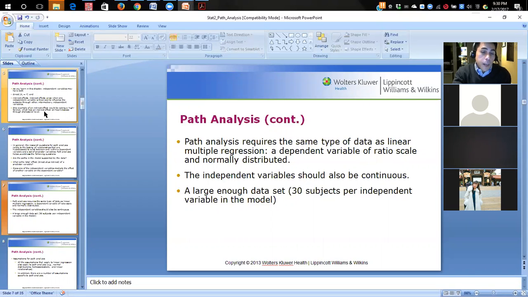It means that you have to know what you are looking for, that you already analyzed the potential relationship of these independent variables, and you already drew the path before you even started collecting the data. And that's what we call a priori. I'm not so sure if it's a Latin word, but a priori.